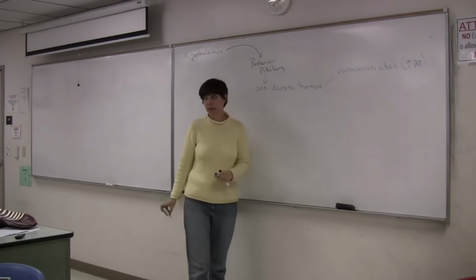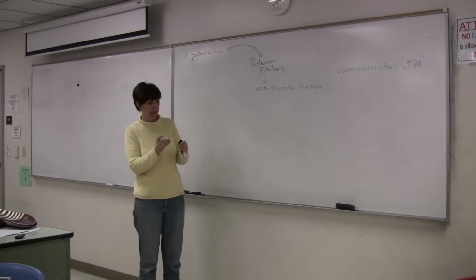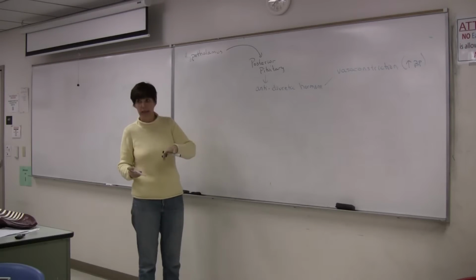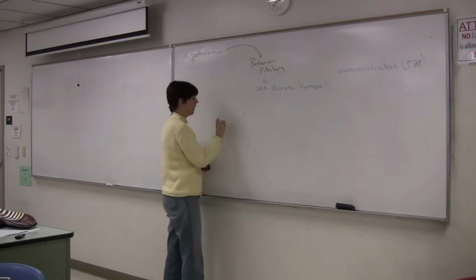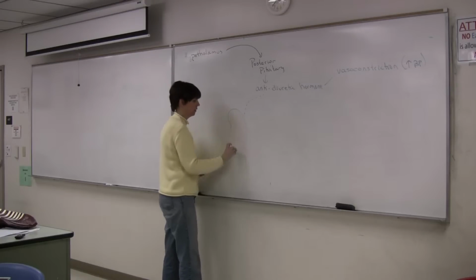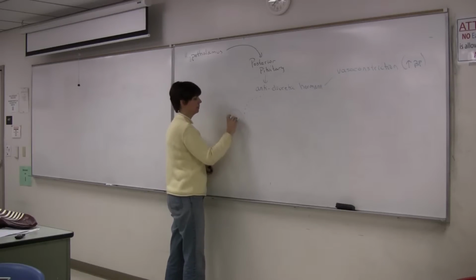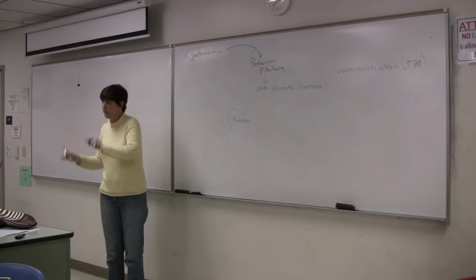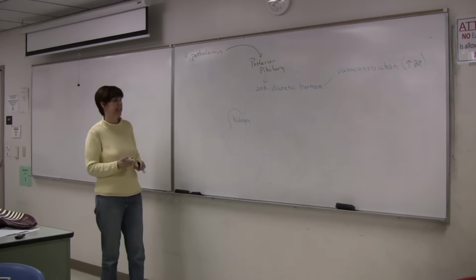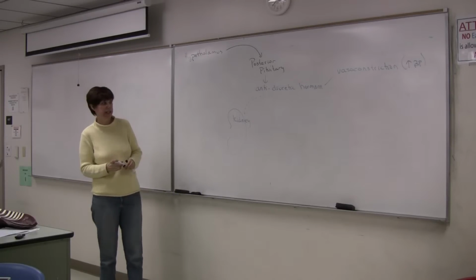The other major mechanism by which antidiuretic hormone increases blood pressure is its effect on the kidney. Again, we'll go into more detail on the mechanism when we get to the urinary system.